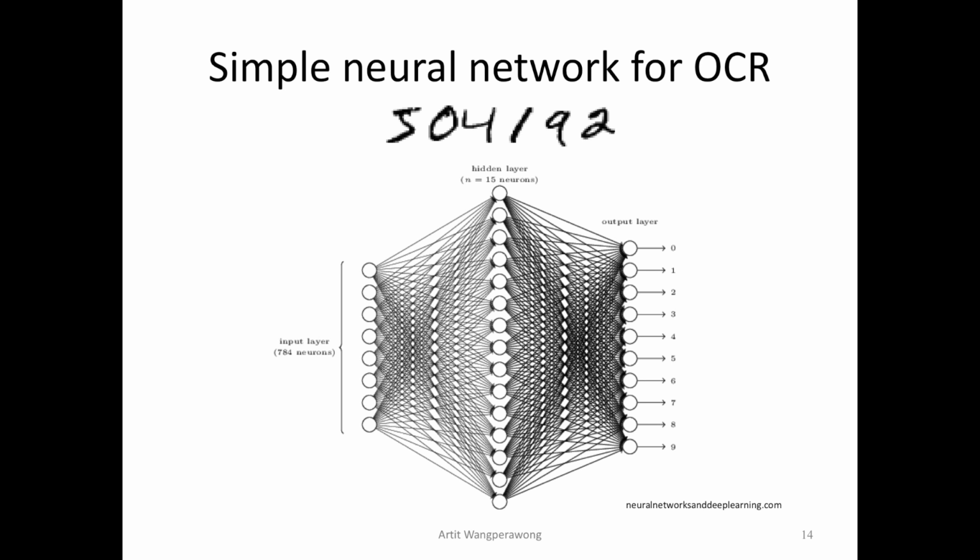But you have to figure out how many neurons are good, and you can imagine iterating through a for loop or something to figure out the optimal number of neurons. But shown here is 15, and that's really up to the deep learning engineer or scientist to figure out. And there's the output layer, which classifies it as either 0, 1, 2, 3, etc., to 9. So this is a multinary classification problem.